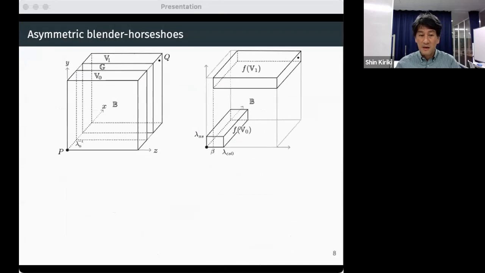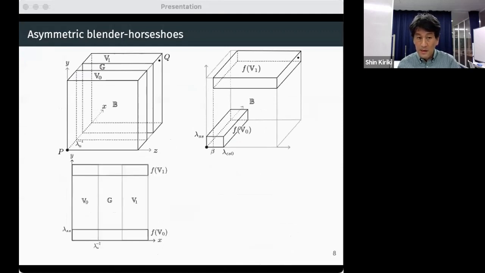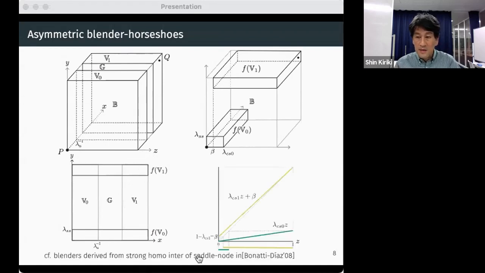Let's see this asymmetric structure in detail. If you observe it from above the XY plane, the image projected on the XY plane is just the image given by the affine horseshoe map. On the other hand, if we observe it along the Z direction, the dynamics are controlled by an iterated function system.